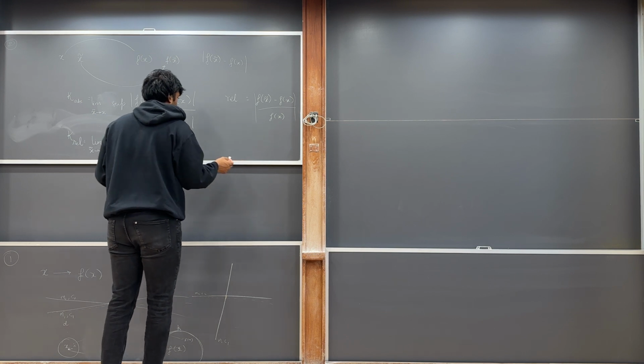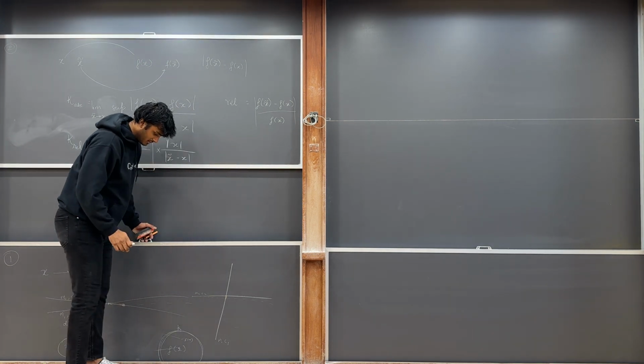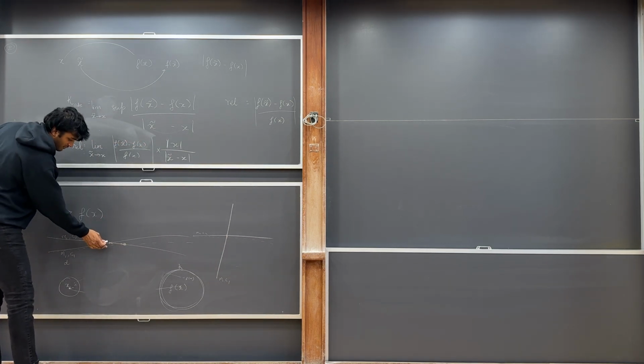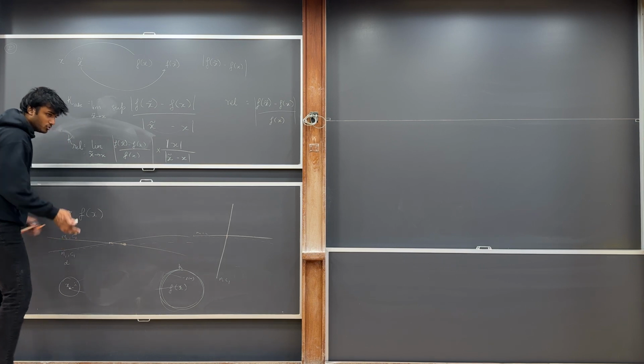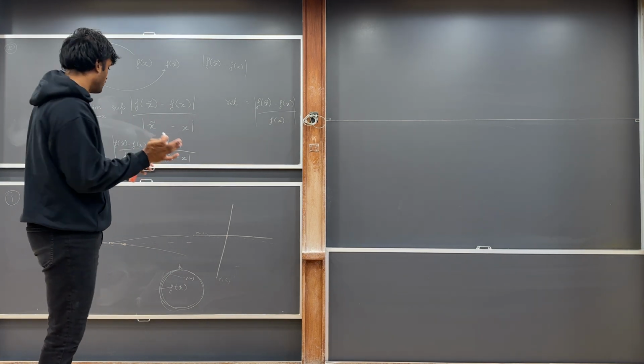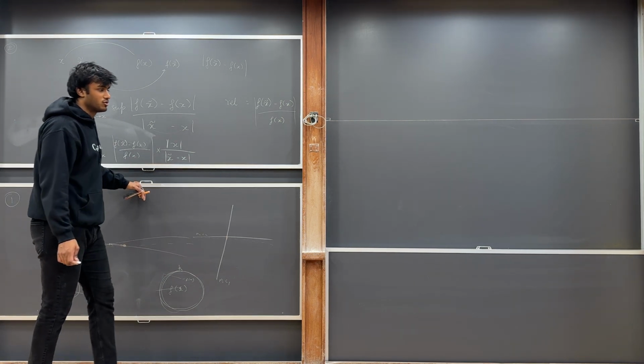So this, for example, will be an ill-conditioned problem. Even if my perturbed slope tends to m1, my point moves quite a lot. So it's an ill-conditioned problem.